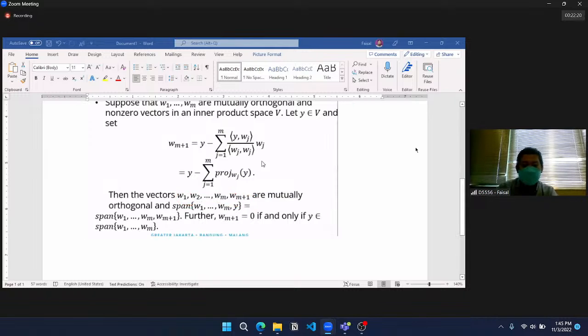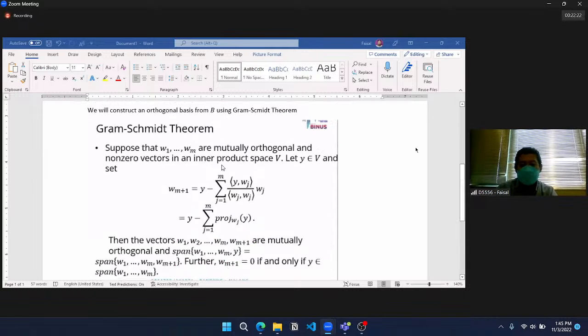So what is W1, the first vector in the mutually orthogonal basis? Our purpose is to get an orthogonal basis.